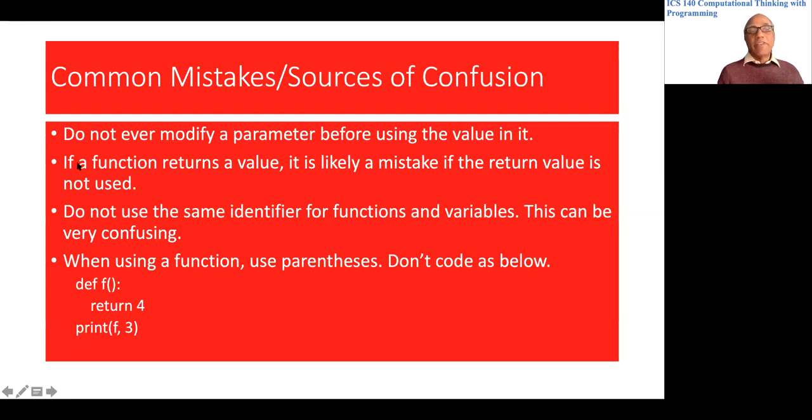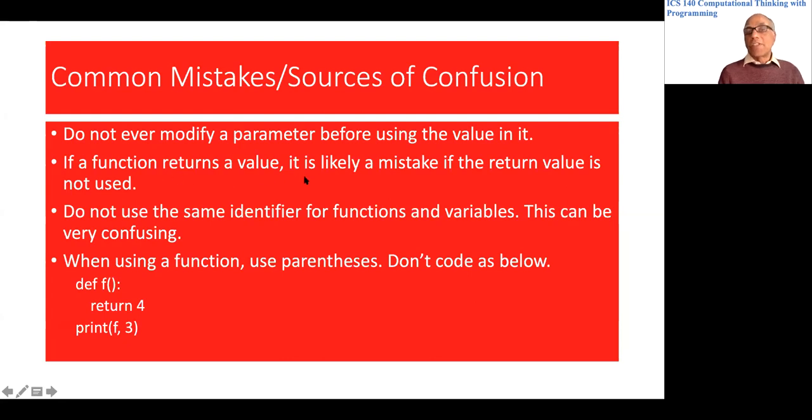But I wanted to convey the point. Do not ever modify a parameter before using the value in it. So within a function, if you have a parameter P, don't go and modify P by reading stuff into it or assigning a value to it before using that value. It is a mistake. It is a design error or it's a bug.